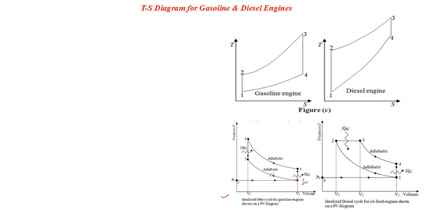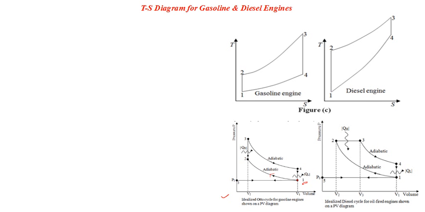Remember, in our theoretical derivation and in the discussion of the PV diagram, we have been stressing that we are considering all the processes to be happening reversibly. All the processes were happening reversibly, meaning at a very slow pace, almost quasi-statically, such that each point along the curve is well defined.